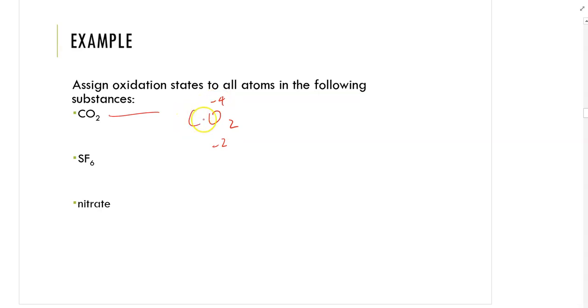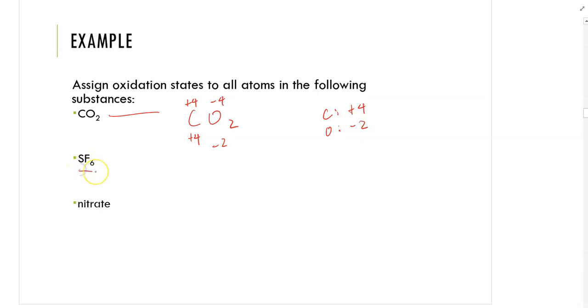And that means on the carbon, because this overall thing is neutral, there's no overall charge, it's going to end up being +4 overall. And because there's only one carbon atom, the individual carbon oxidation state is +4. So the question was to assign oxidation states. I can finally say carbon has an oxidation state of +4, and oxygen has an oxidation state of -2.